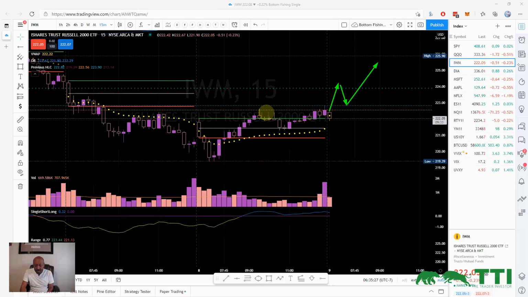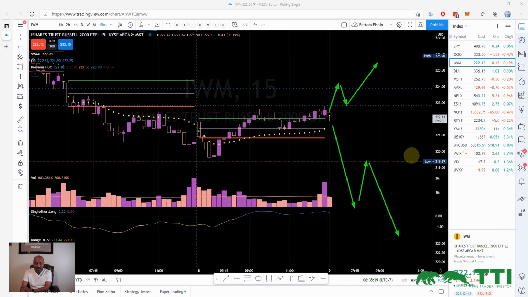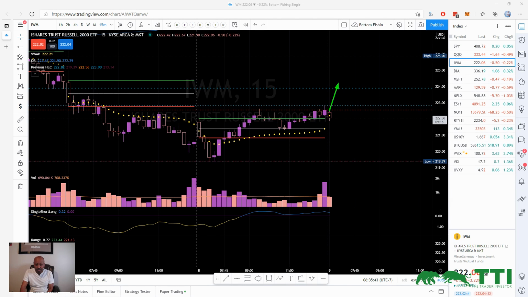I want to see a breach of that range and a retest for continuation. Otherwise, price is going to go below the low of yesterday, and I'm going to look for a position in this manner. So this is similar to the SPY.